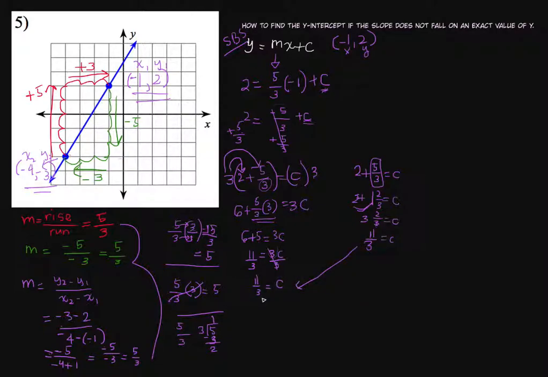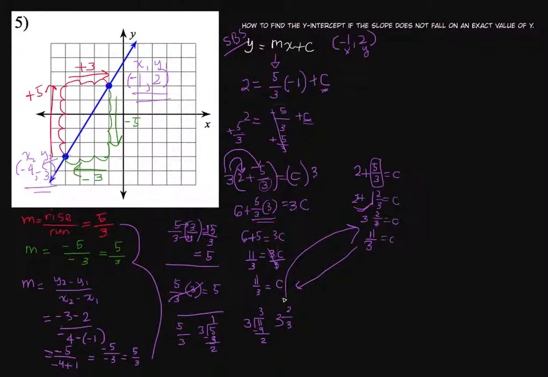Or I can make this into a mixed number. So 11 divided by 3 is equal to 3, 9. 11 minus 9 is 2. And again, the whole number is 3, numerator is 2, denominator is 3. So it's the same. Okay?